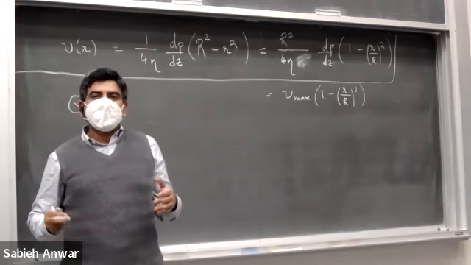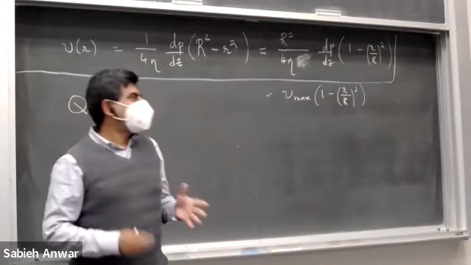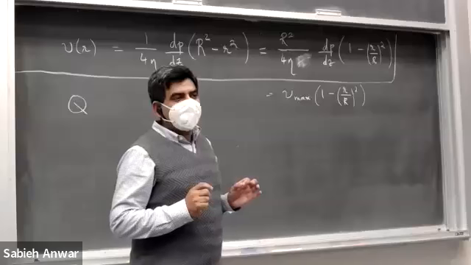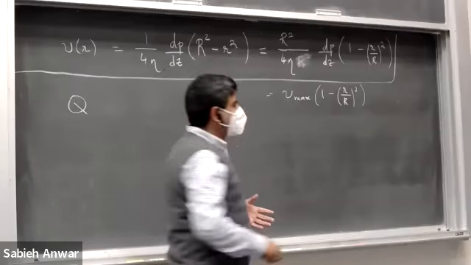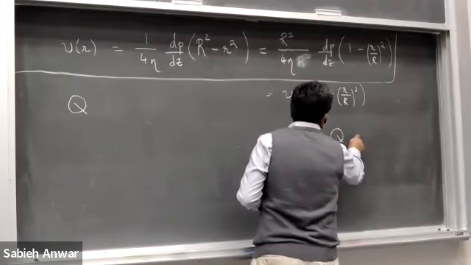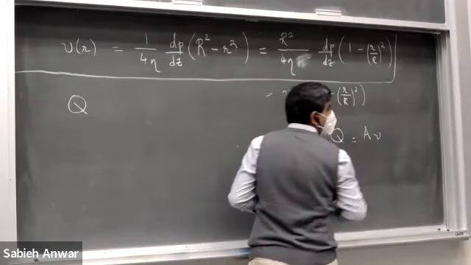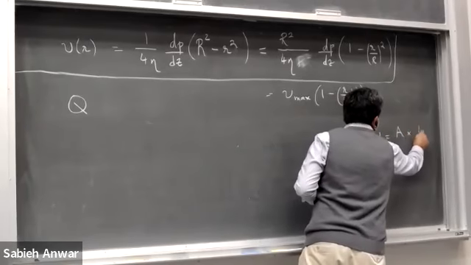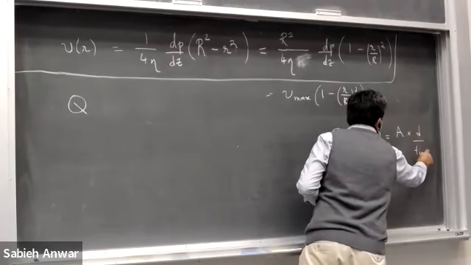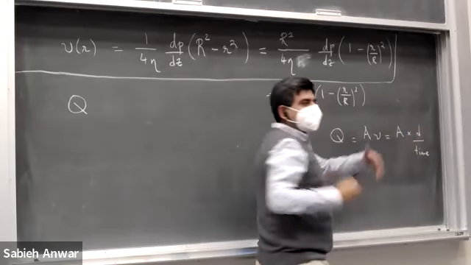The volume is the area into the speed, isn't it? So Q equals area into the speed, because the speed is distance over time. So area into distance is volume.